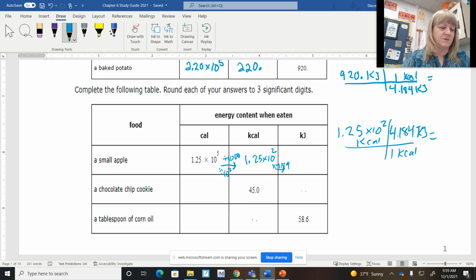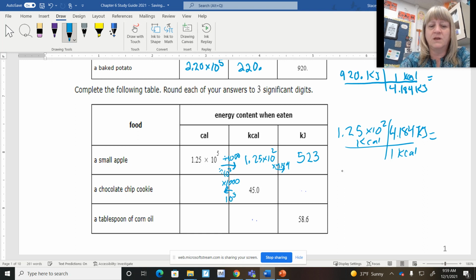Oh, and I ended up with something funky because I forgot to come down. Okay, 523.